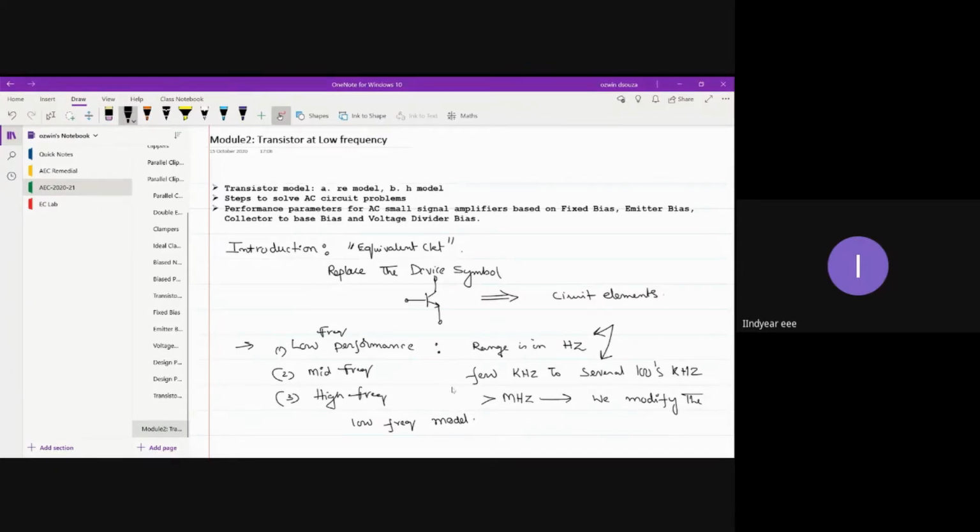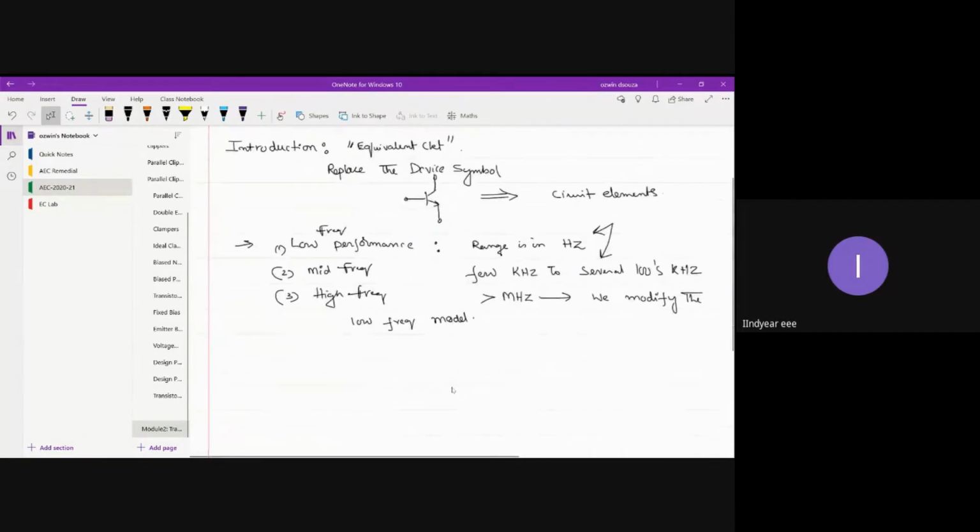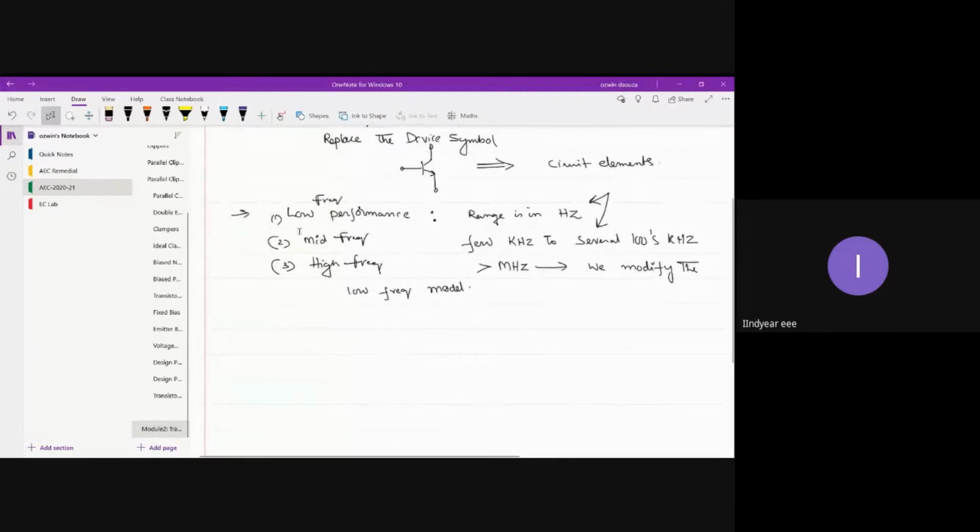Let's see how exactly we modify the low frequency model in order to suit the requirements of high frequencies. All right, fine then. So that's about the equivalent circuit and something known as the frequency spectrum.